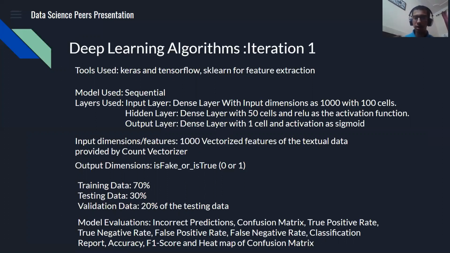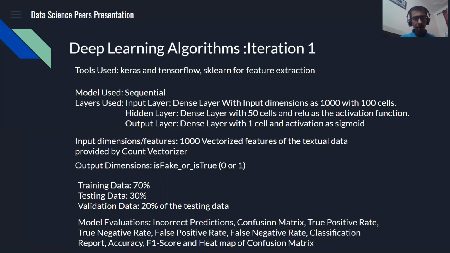So the unique thing to notice is the 1000 vectorized features that we are providing to our model, and these are vectorized again by the CountVectorizer.